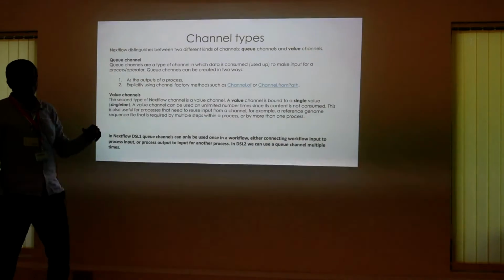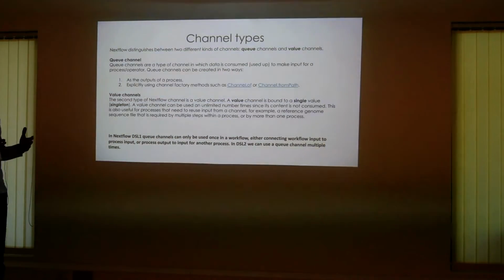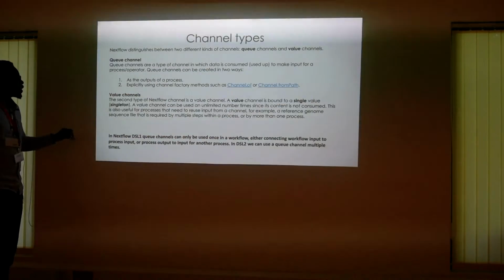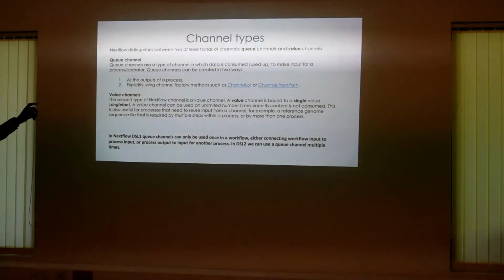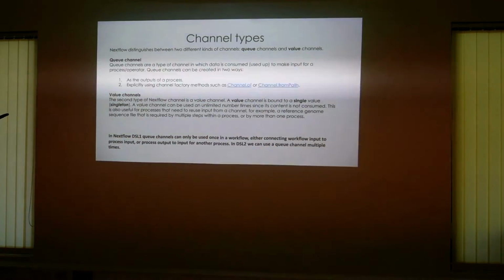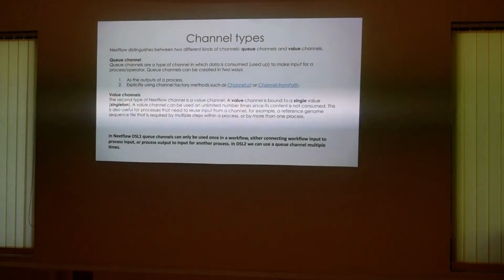It could be Channel.of, Channel.fromPath, or Channel.fromSRA if you are getting data from the Sequence Read Archive. We also have value channels. These emit single values or singletons, and the advantage of this is that it allows you to reuse that channel throughout your workflow or your pipeline.